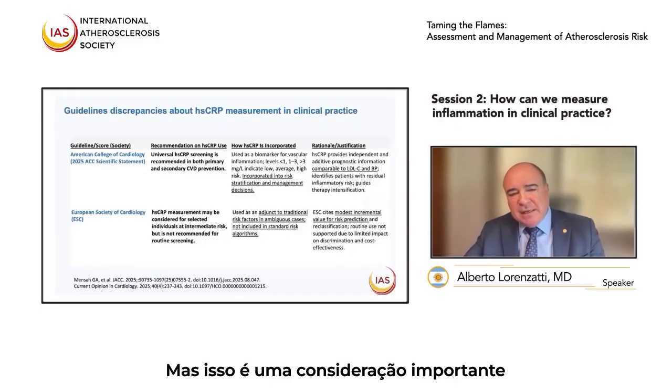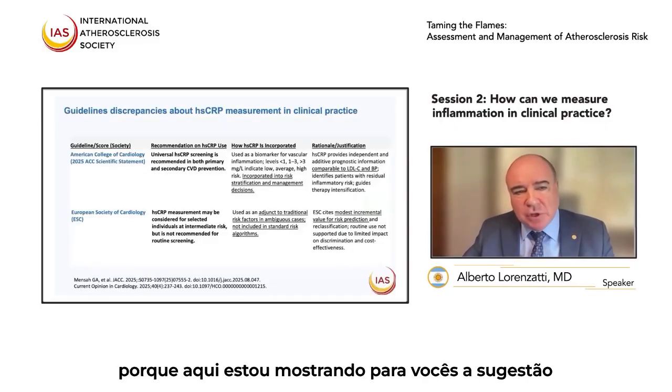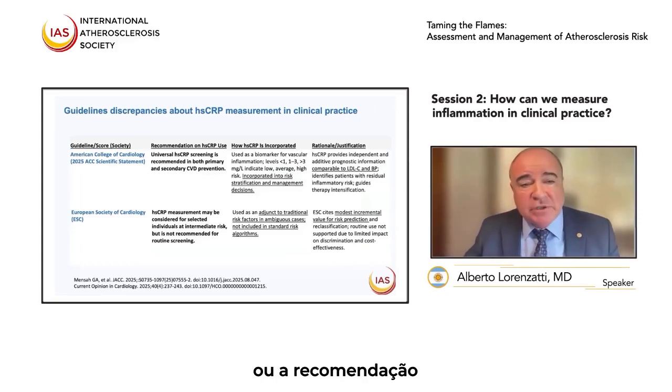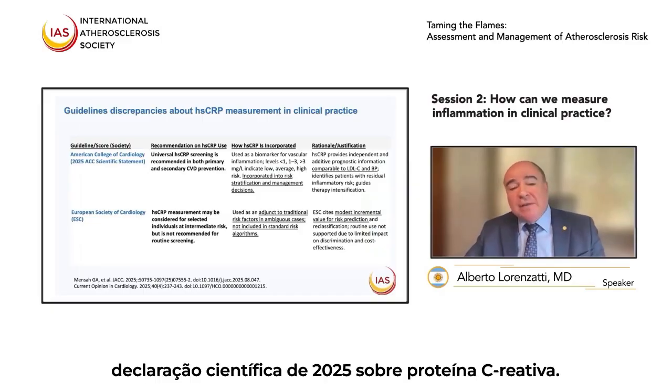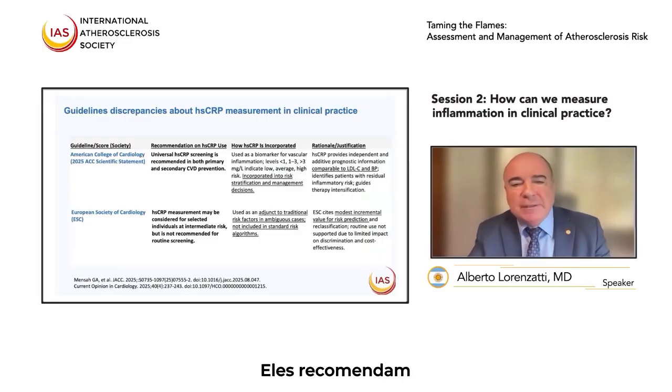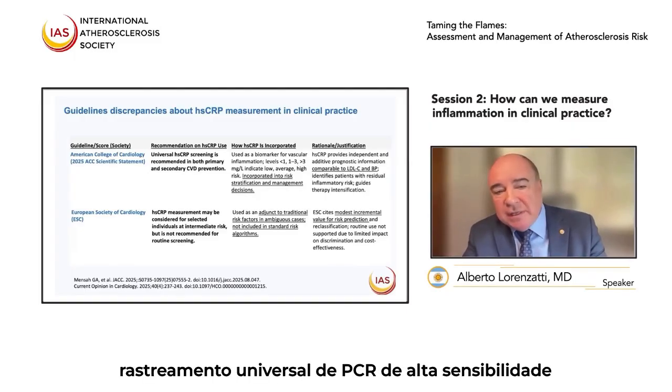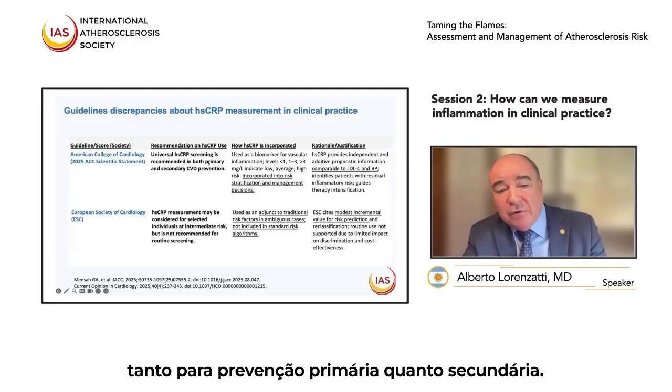But this is an important consideration because here I'm showing you the recommendation of the American College of Cardiology 2025 scientific statement on C-reactive protein. They recommend universal high sensitivity C-reactive protein screening for both primary and secondary prevention.